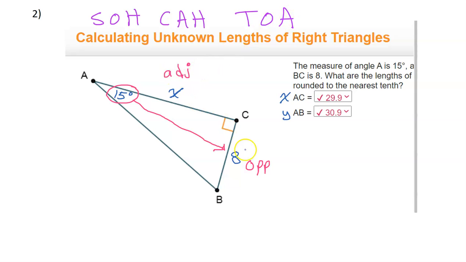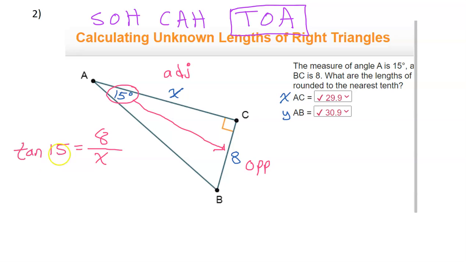So I'm noticing that we have opposite and adjacent, so that means we're going to be using the tangent function today. So let's go ahead and set up the tangent function, and we say tangent of the angle, so tangent of 15, is equal to opposite over adjacent. That's going to be 8 over X.